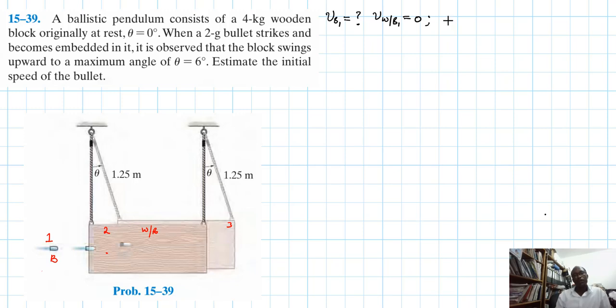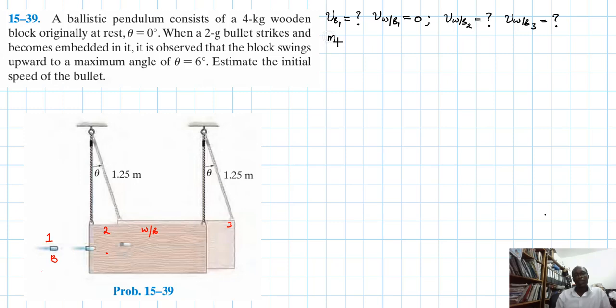And then we do have VB2 and VWB2 equal to also unknown. And we have VWB3 equal to 3, unknown.